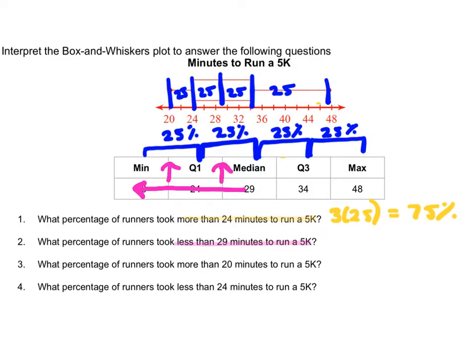Or if I look at it on the graph, we can start at the 29 and go to the left, so I go through 2 of the 25th percentiles. So it'd be 2 times 25, which equals 50%.